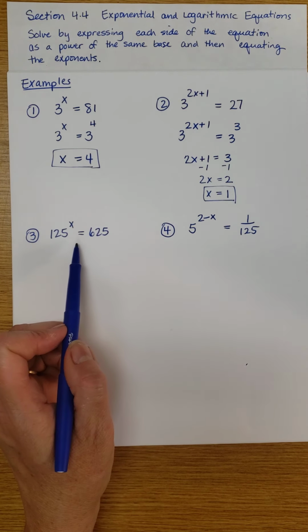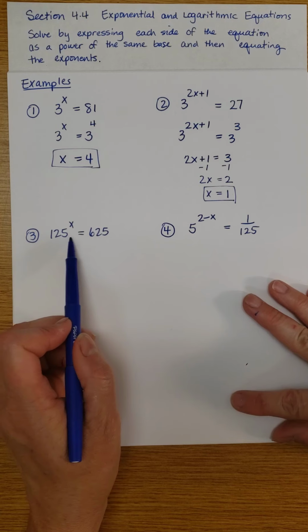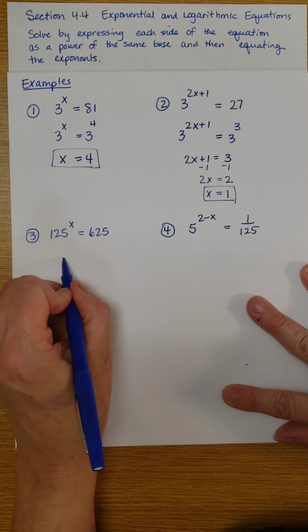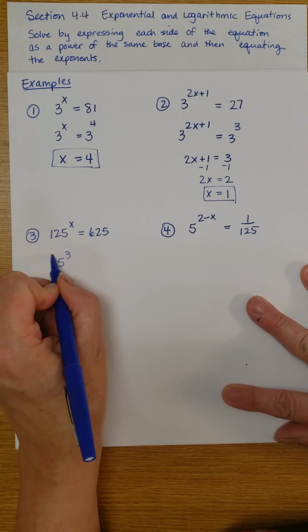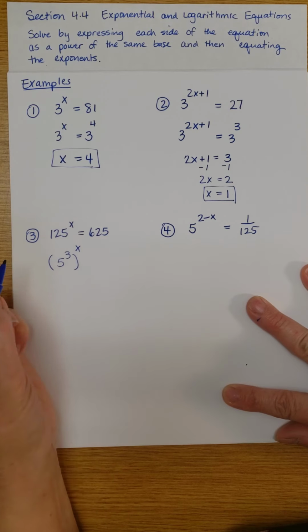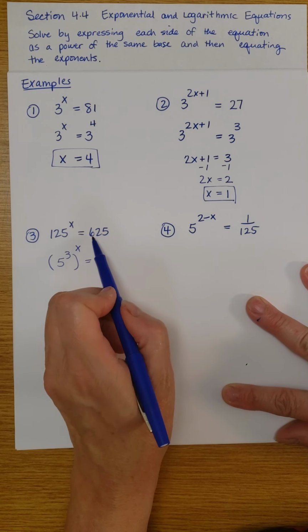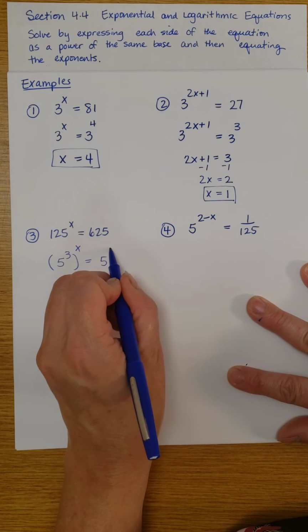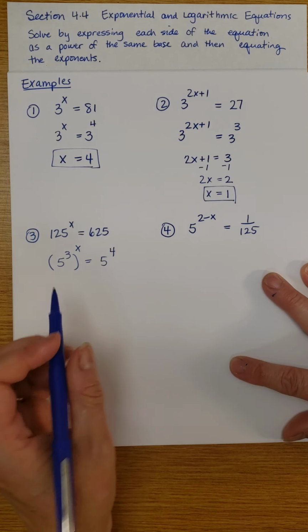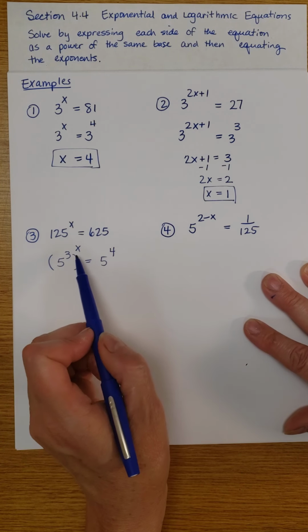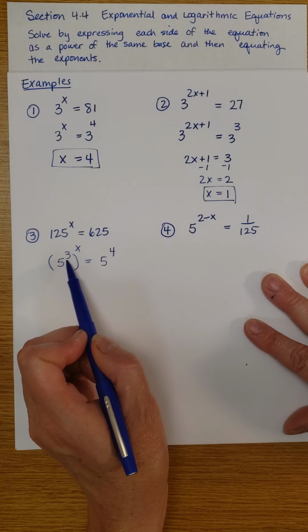In this example, notice that 125 is 5 to the power of 3, but we're raising that again to the xth power. And 625 is 5 to the fourth power. Well, before we can proceed, we need to combine this into a single exponent.